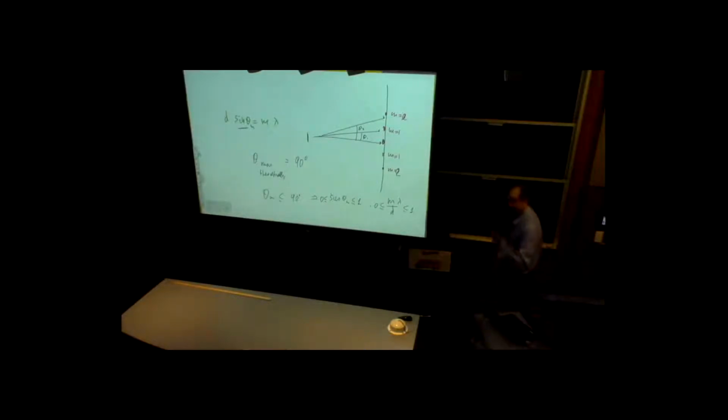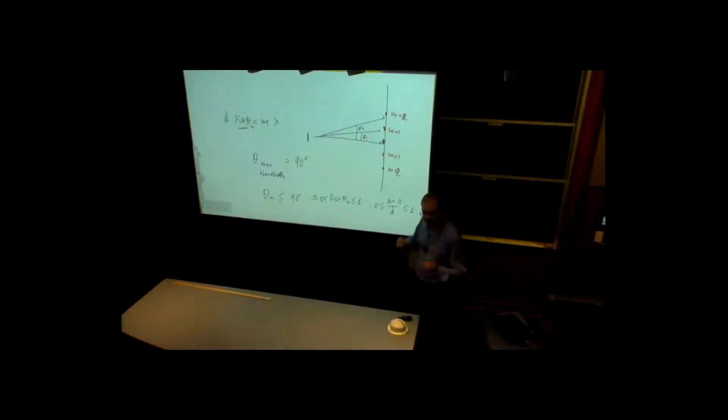For a fixed wavelength, for a fixed grating spacing, there is always a maximum m which allows this condition to be true. If we increase m: 1, 2, 3, 4, 5, eventually we get a number such that this ratio will become greater than 1. So that number can't exist.